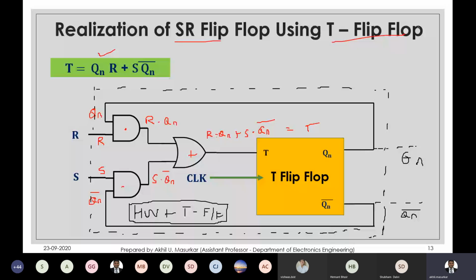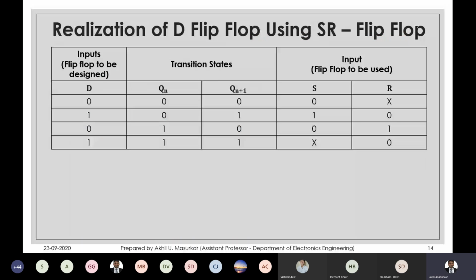Okay, so let's go to the next implementation, that is realization of D flip-flop using SR. Now you can again see that D is here and SR is here. So now you can see that there are just two inputs.